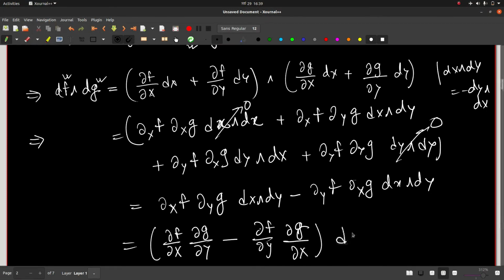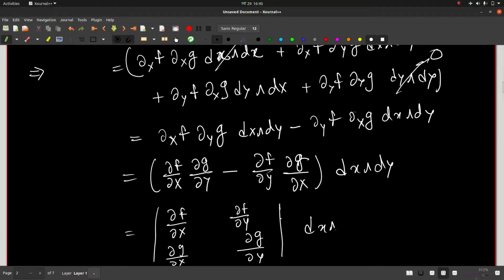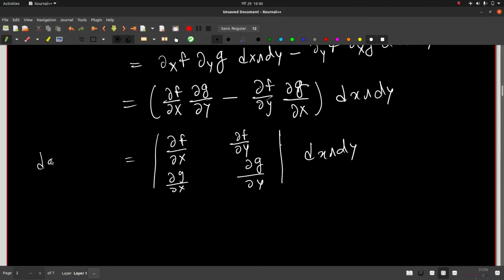And you have this dx wedged with dy. So this in turn can also be written as df/dx dg/dy minus df/dy dg/dx, times dx wedged with dy. So finally what you have is df wedged with dg is this.